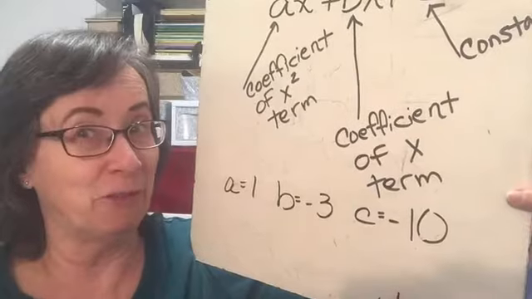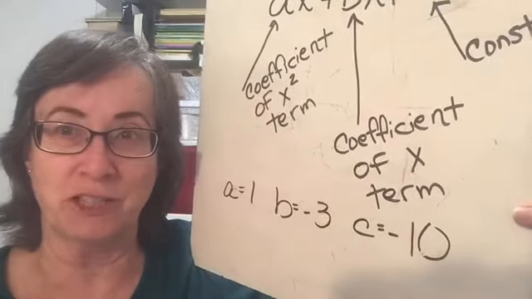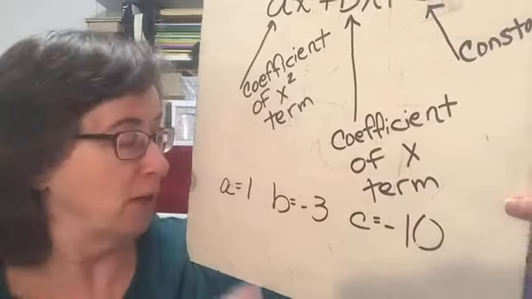Well then, if you know anything about quadratic equations, you will say, I know the equation that you're thinking about. You're thinking about A being 1 is the coefficient of the x squared term, and B being negative 3 means that negative 3 is followed by an x, and C is a negative 10. That means my constant is negative 10, and then I have an equal 0 on the other side.